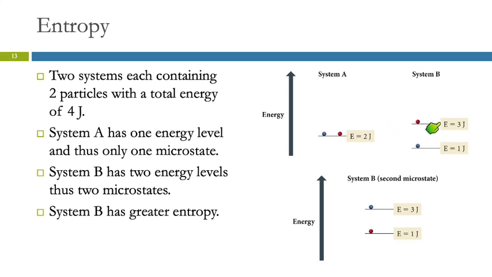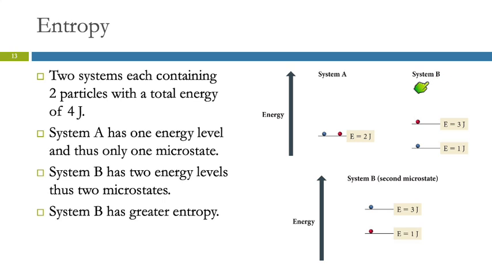And so you can have this microstate where the red one is at 3 joules and the blue one is at 1 joule. Or you could have the blue one at 3 joules and the red one at 1 joule. Do you see how these 2 are different in terms of who's got the energy? Who has more, the red one or the blue one? Those are different, and yet the overall macrostate, 2 particles, 4 joules of energy, is the same.